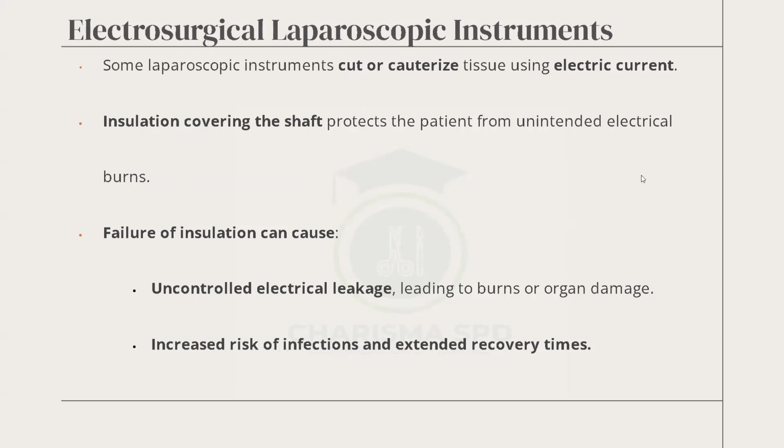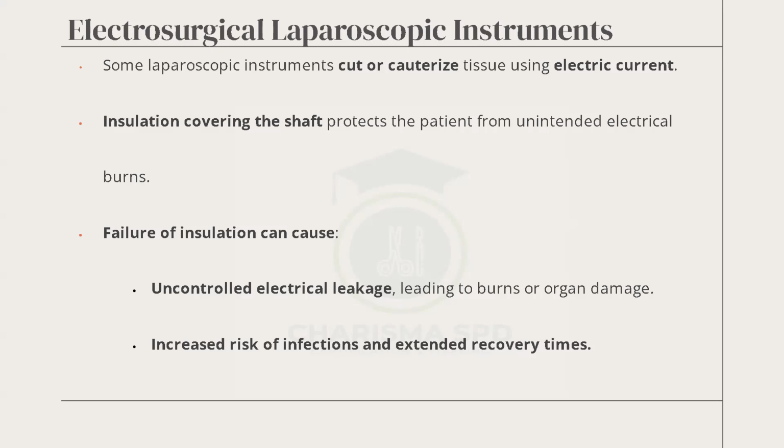Electrosurgical laparoscopic instruments. So for some of the surgeries, laparoscopic instruments have electrical parts that you connect electrical power to, that help them to work. They have a connecting part where you mount the cable that will allow electrical energy to be transmitted to that section, so it can be used.